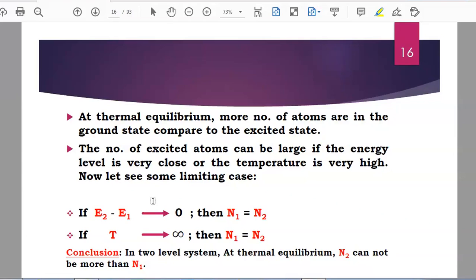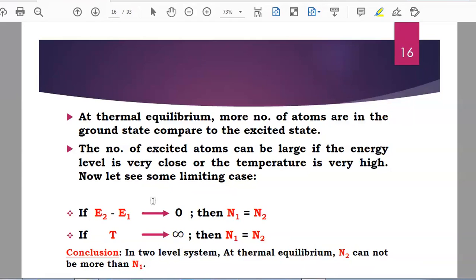Yeah, okay. Let me clear it out. See, the purpose over here of finding this ratio n1 by n2 is to see how to generate the laser light. The important thing is we need to go for the stimulated process, as I discussed in the earlier slide. Now, to increase the number of stimulated processes, the number of atoms in the upper state has to be maximum.